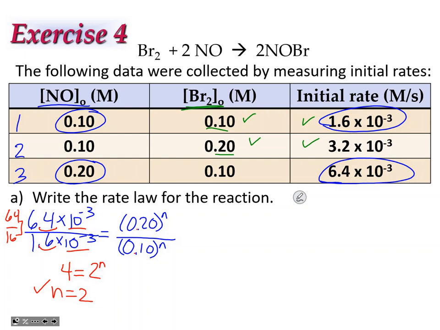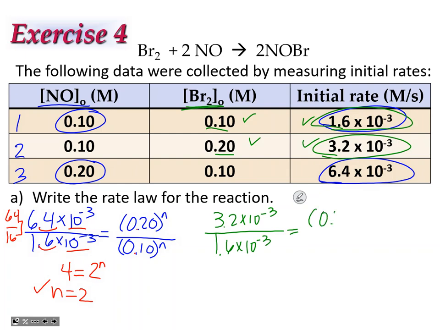So setting this one up, we're going to do 3.2 times 10 to the minus 3 over 1.6 times 10 to the minus 3, and of course, 0.2 raised to the m over 0.1 raised to the m. Once again, think about this like it's 32 divided by 16 because those would both move and cancel.